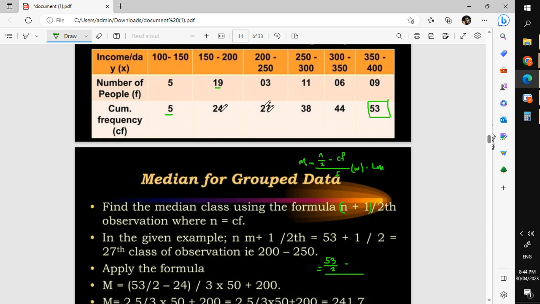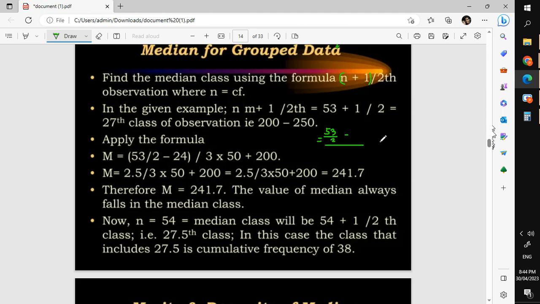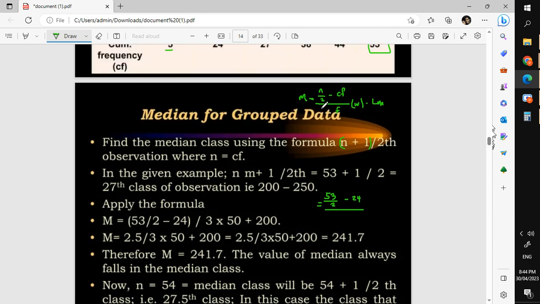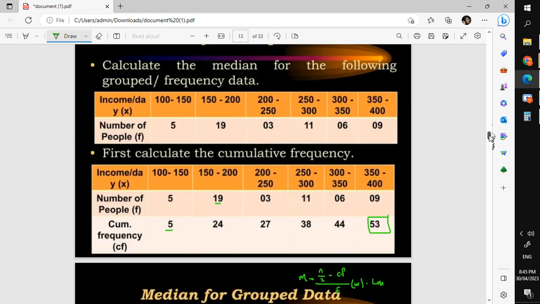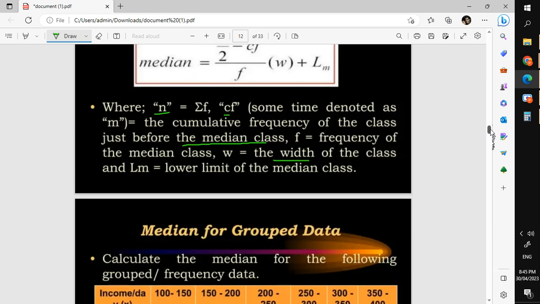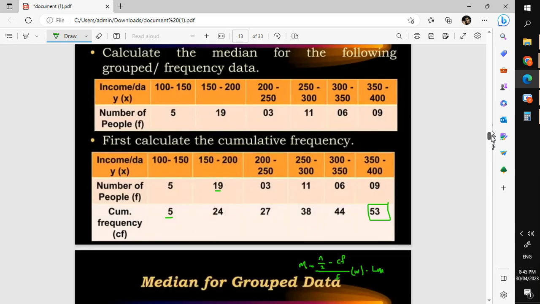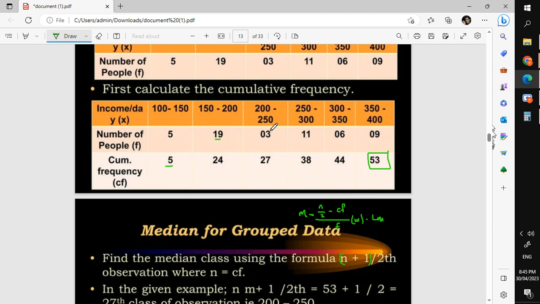So our cumulative frequency here is 24. So we substitute 24 in here. Then using the formula, we divide that by F, the frequency of the median class. Our median class has the frequency which is 3.